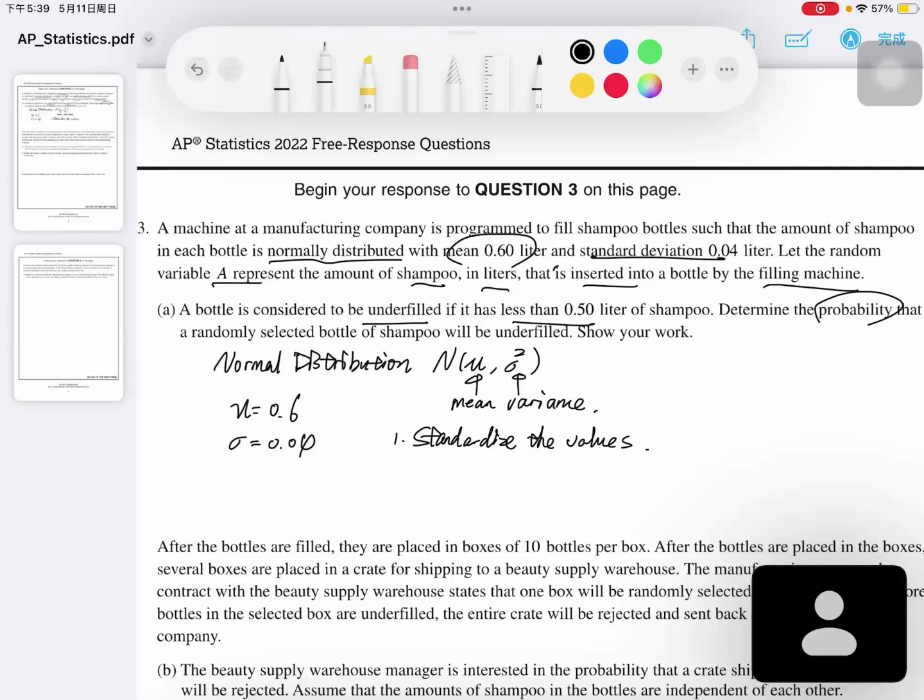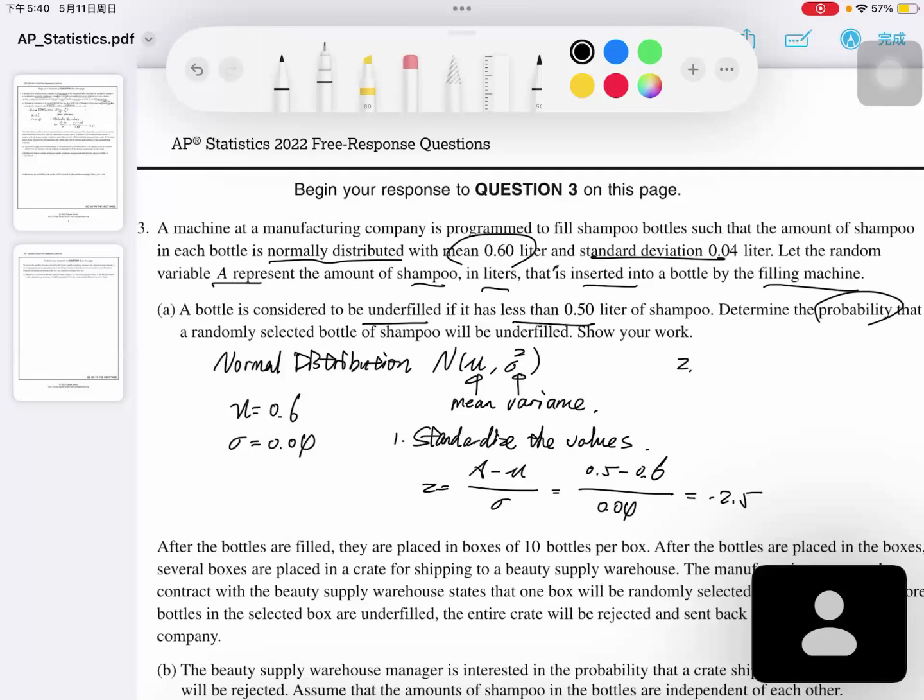We can convert A equals a half to a z-score using the formula z equals x minus mu over sigma. It equals a half minus 0.6 over 0.04. So the result is minus 2.5.